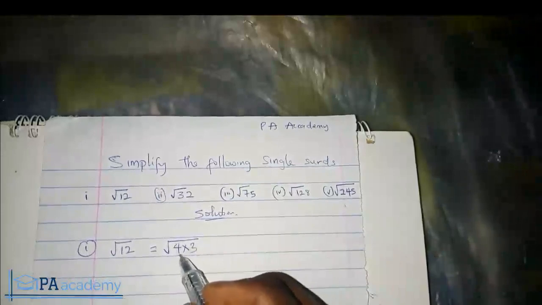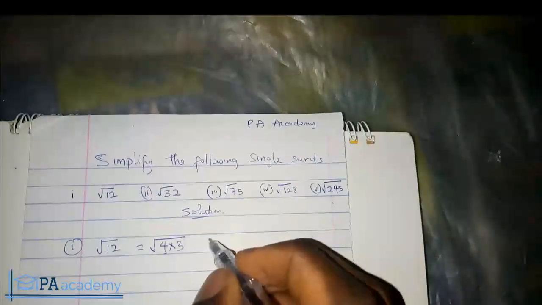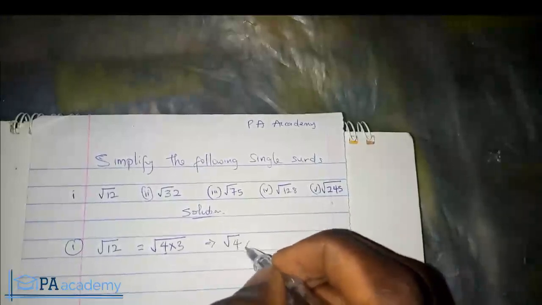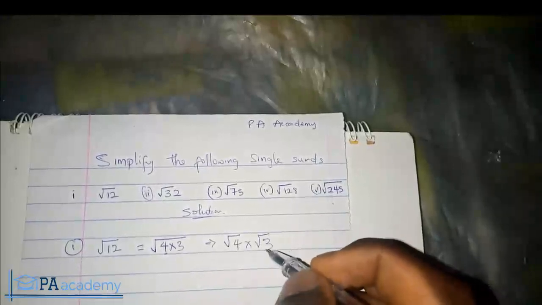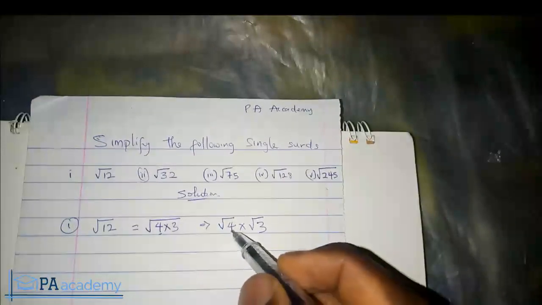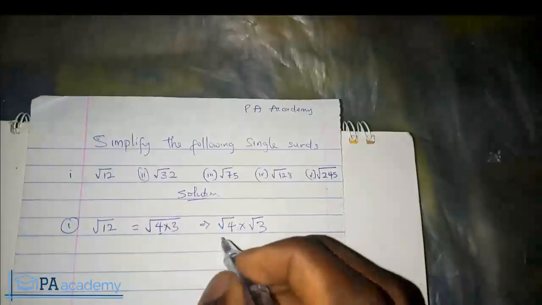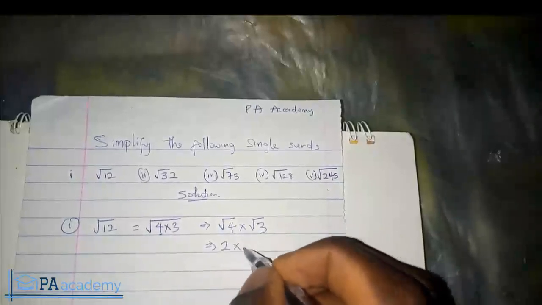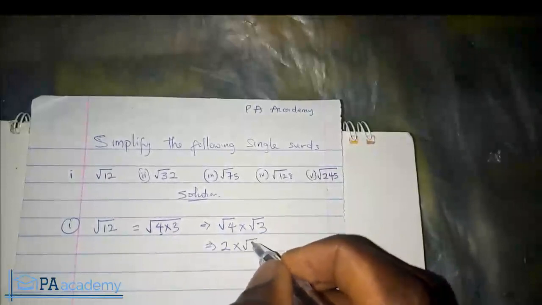Now remember, 4 is a perfect square, so we can break it down like this: root 4 times root 3. Don't forget, earlier I said root 4 is a perfect square. So if we simplify this, the square root of 4 is 2, times root 3.